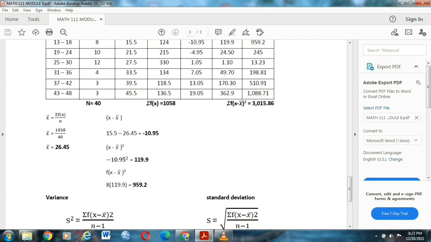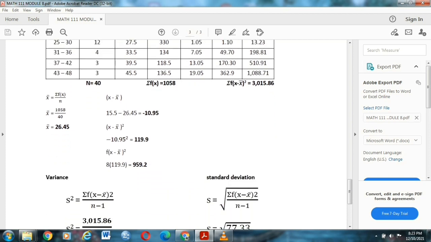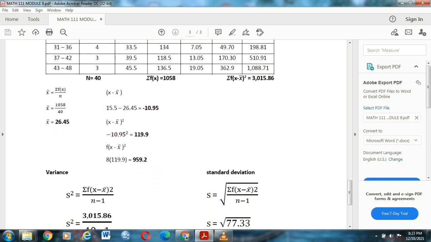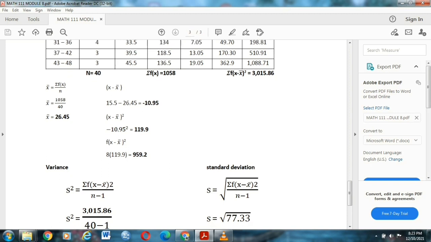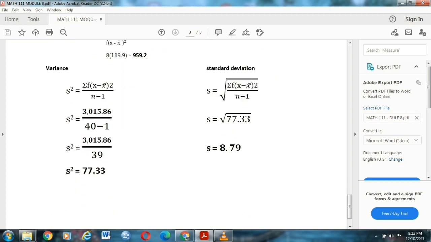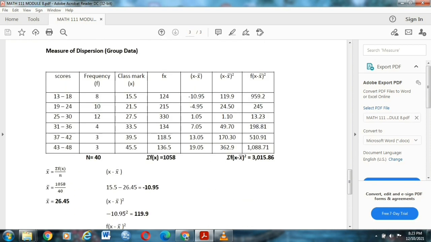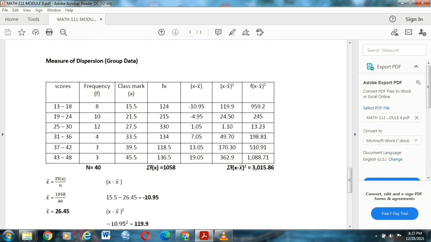Halimbawa, itong variance natin, summation of f, quantity x minus x bar, squared, all over n minus 1. Okay, kukunin natin yung class mark or yung midpoint. Paano makuha yung class mark or midpoint natin?